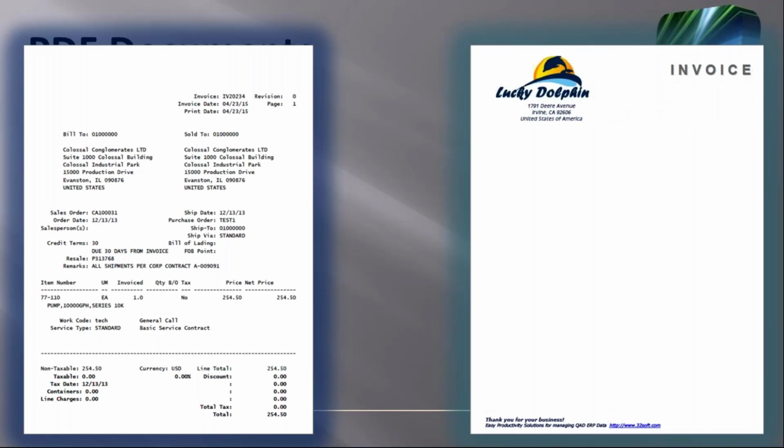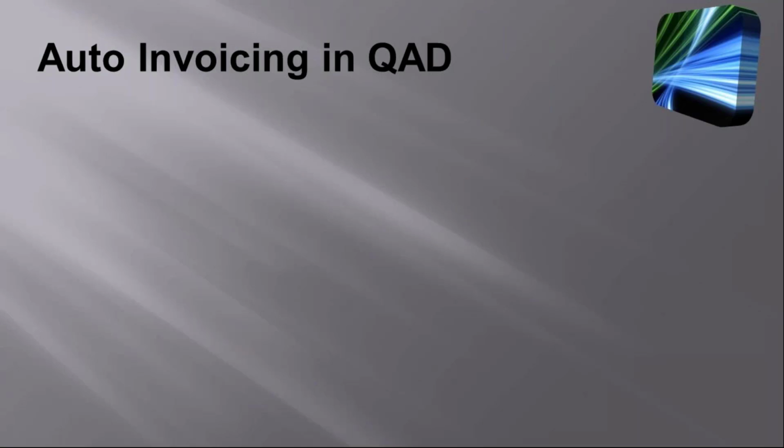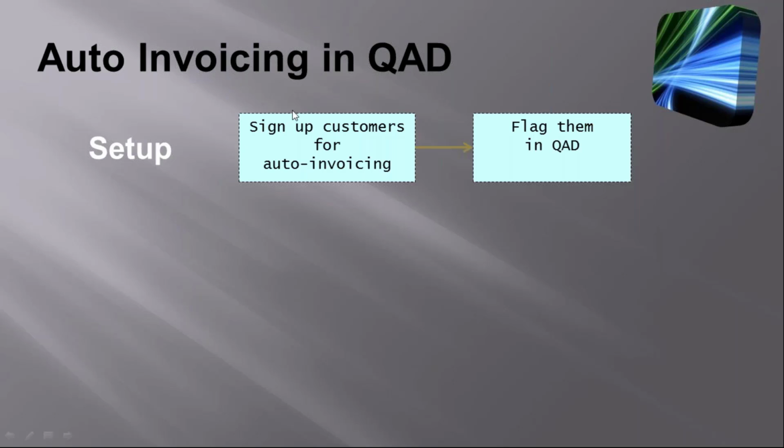QID produces the output in text format, and then you, or us helping you, design a static PDF template. What LBOX does is overlay one on top of the other, producing the resulting document. That is the document that is going to be distributed. And talking about auto invoicing specifically, you need to flag who wants to receive the electronic invoices.